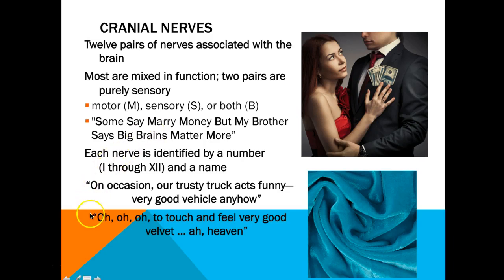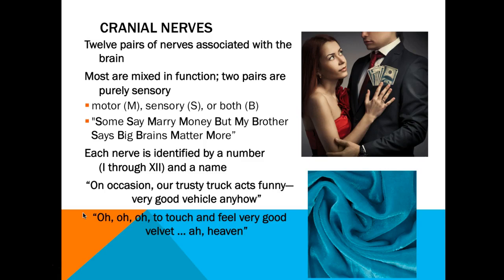Here are some other mnemonics for memorizing the names of cranial nerves. Each of the first letters of these words represents the name of a cranial nerve. So we have on occasion, our trusty truck acts funny, very good vehicle anyhow. Or we have O, to touch and feel, very good velvet, heaven.